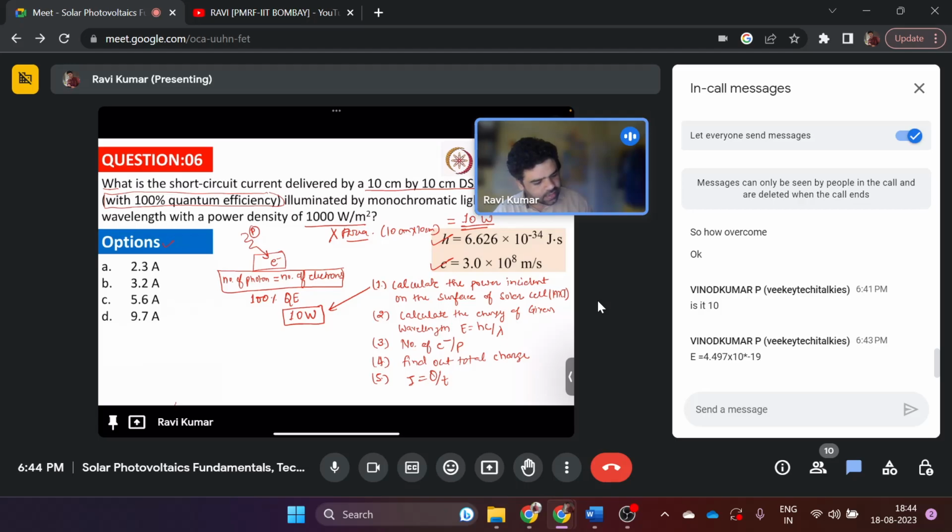Others, please verify hc by lambda. 4.9.